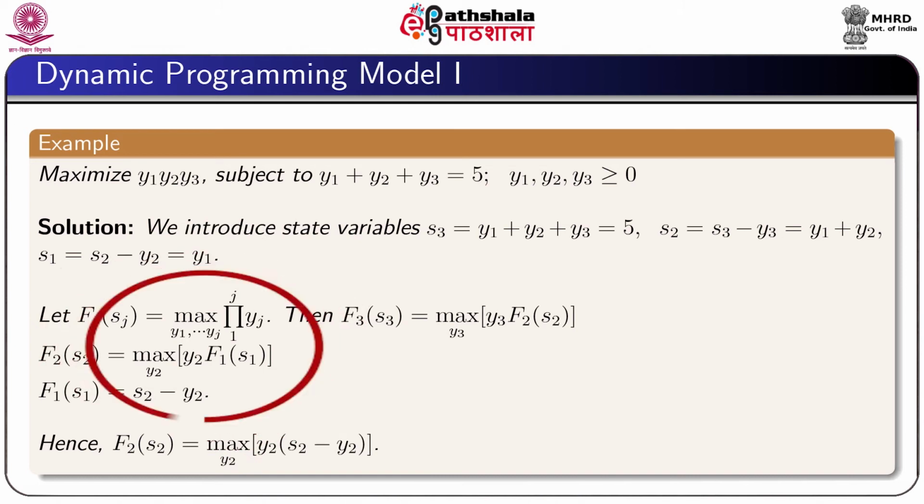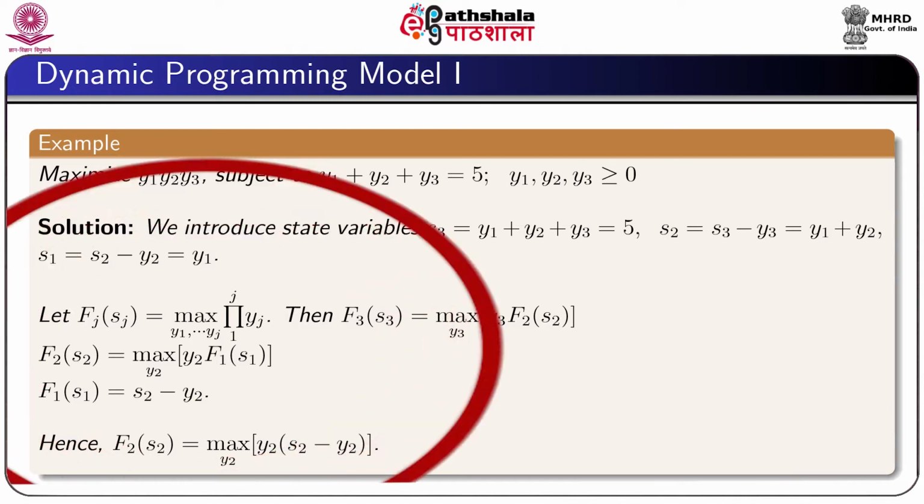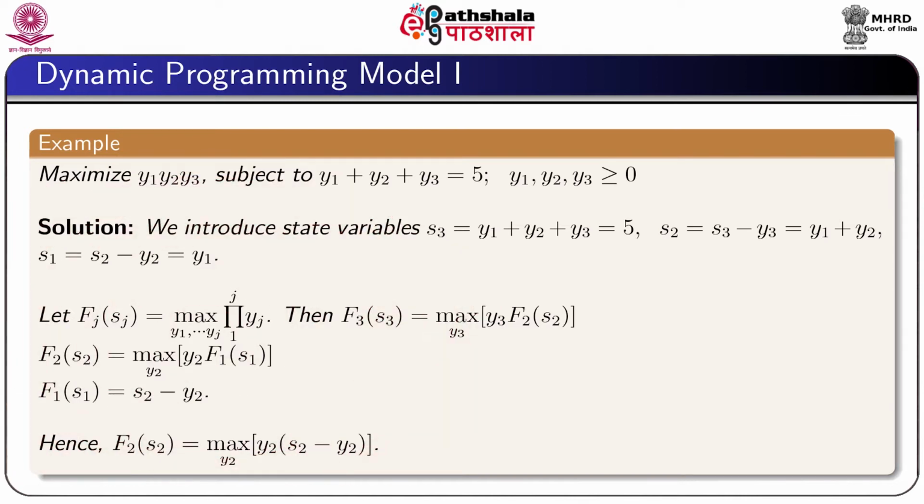Let capital Fj(sj) equal to maximum of the product Y1, Y2 up to Yj. Then F3(S3) equal to maximum of Y3 into capital F2(S2), where maximum is taken over Y3. Similarly, capital F2(S2) equal to maximum of Y2 into capital F1(S1), and capital F1(S1) is equal to S2 minus Y2.